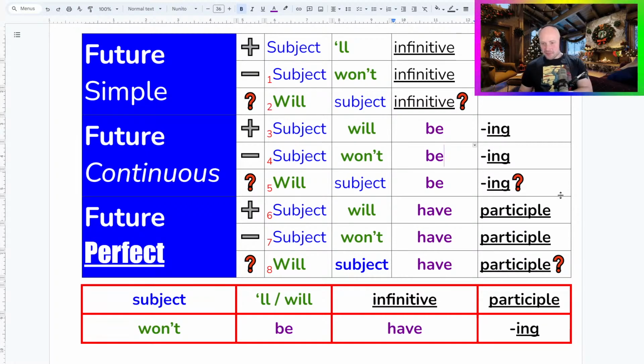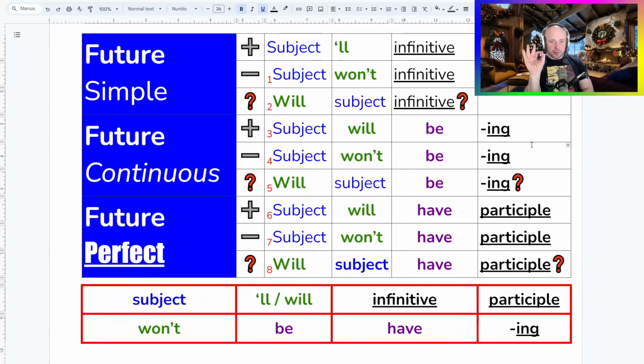Right. Where is future perfect continuous? Why haven't I included future perfect continuous? There's two reasons. Reason one, it didn't fit on my table. Reason two, we only use future perfect continuous for one very specific thing.